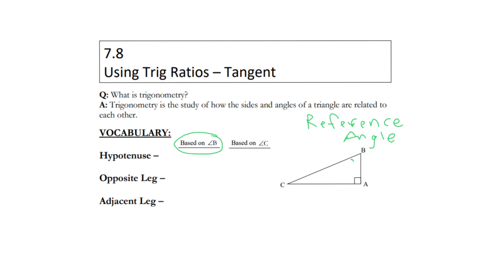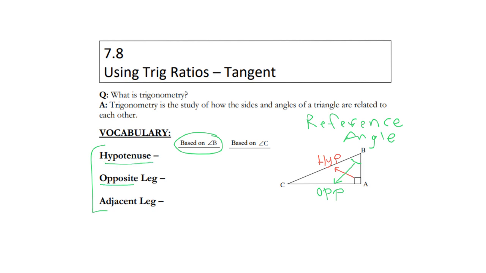Based on angle B, let's name our sides with these three terms: hypotenuse, opposite, and adjacent. Well, we know that across from the right angle is our hypotenuse. I'm going to use HYP right now for hypotenuse, but later in the lesson, I'll talk about it just as capital H. Now, based on our reference angle, angle B, the side opposite angle B is this side, and we call that the opposite side, which then leaves only one side.